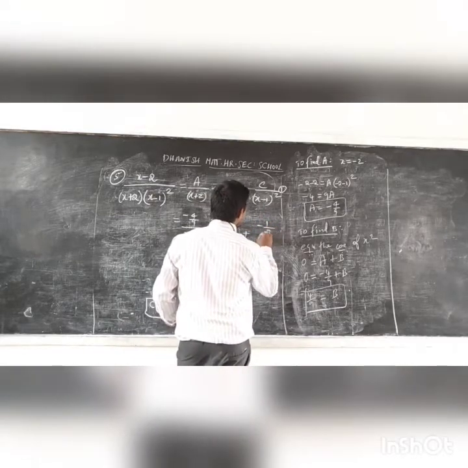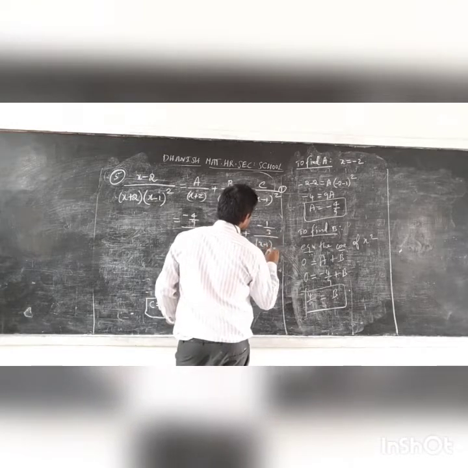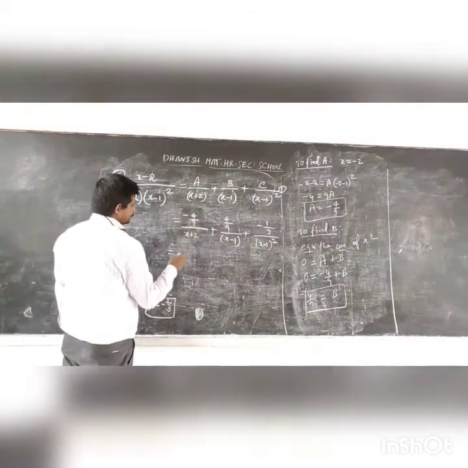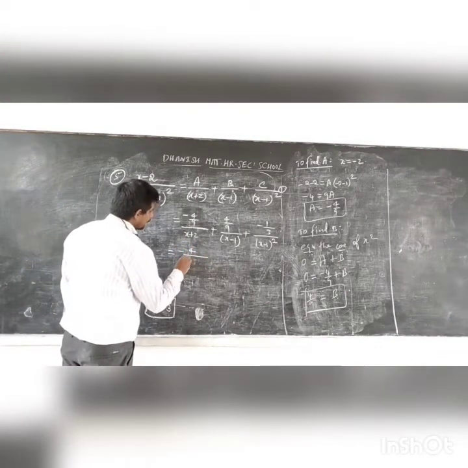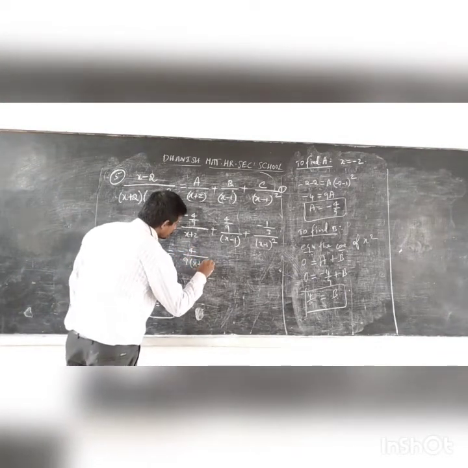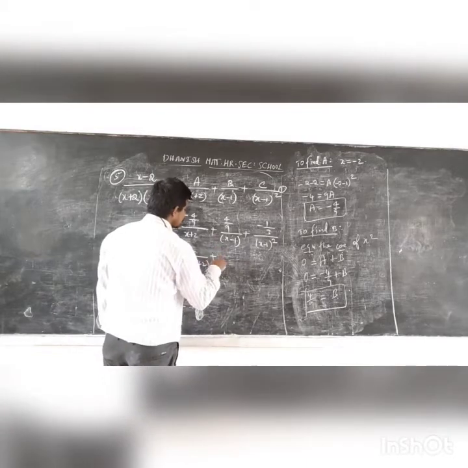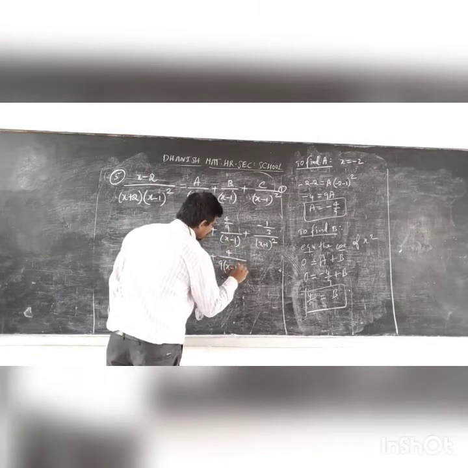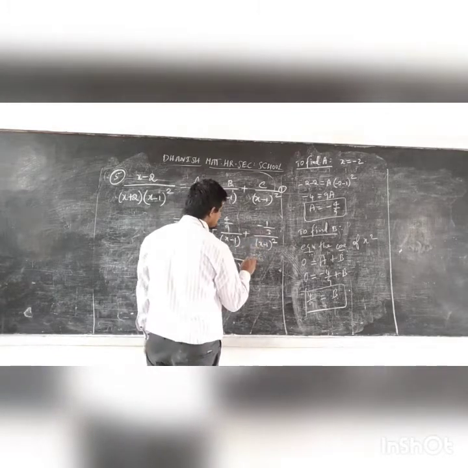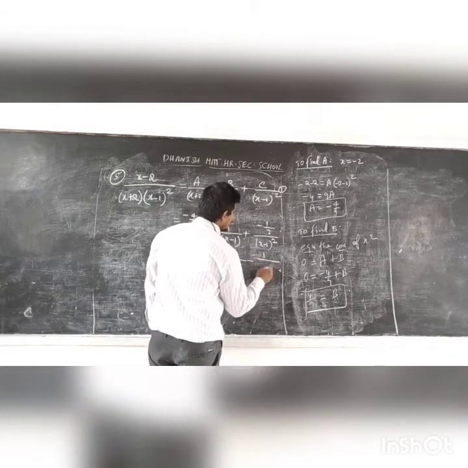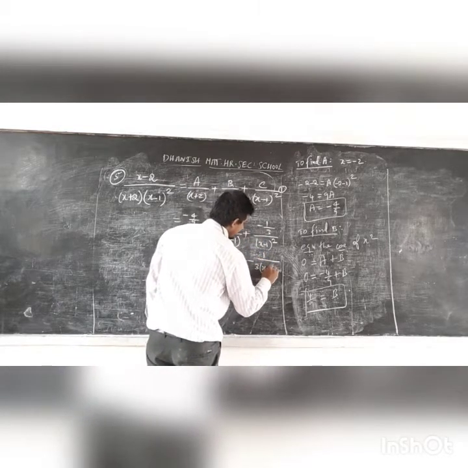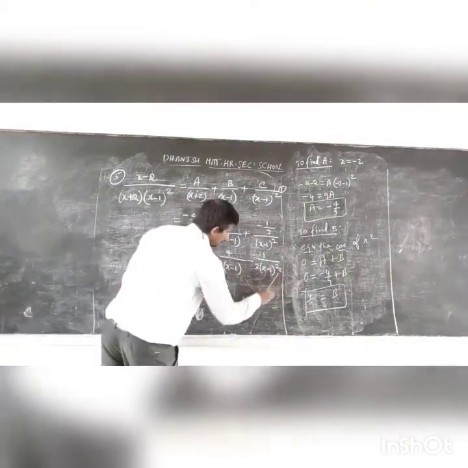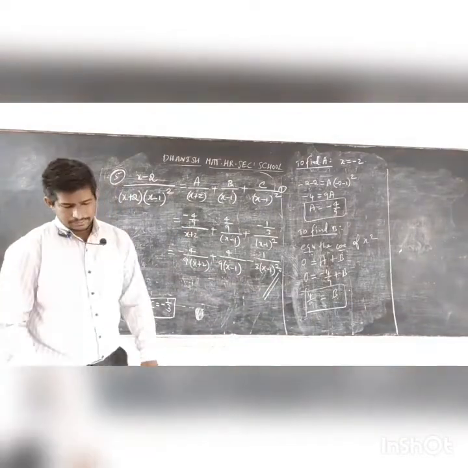Minus 1 by 3 divided by x minus 1 whole square. The next step will be minus 4 by 9 into x plus 2, plus 4 by 9 into x minus 1, plus minus 1 by 3 into x minus 1 whole square. These are the required answer.